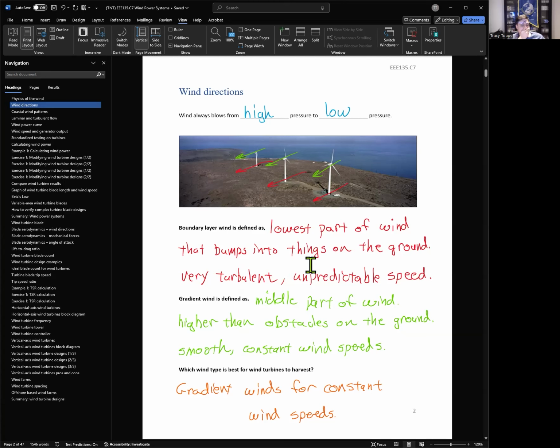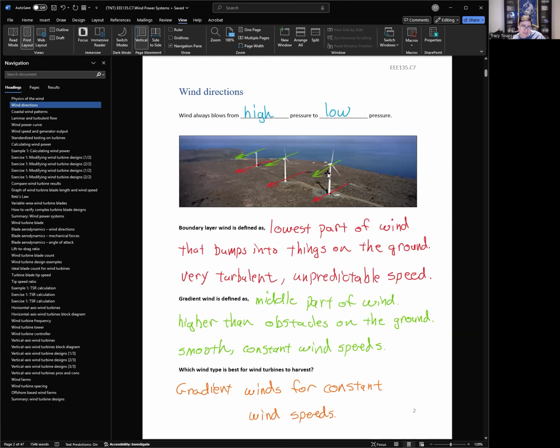Now, if you move higher up past the trees, the hills, and the buildings, you'll have a clear sky that's unimpeded. That's called a gradient wind. That's the middle part of the wind layer. It's higher than any obstacles on the ground because nothing's stopping it, so it's going to be a smooth, constant wind speed. If you imagine how we build wind turbines, at the bottom base is where you're going to have your boundary layer.